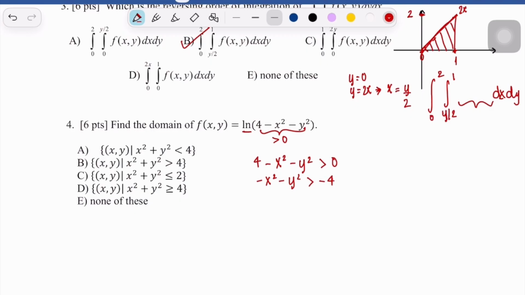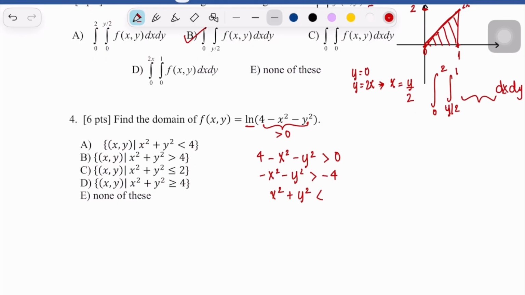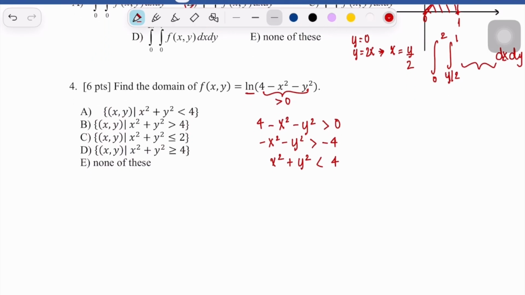And then we flip signs, which is also going to flip our inequality. Okay, so this should be the domain. And it's option A right here. So yeah, this should be the domain.